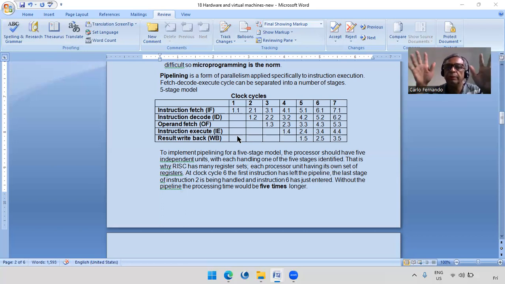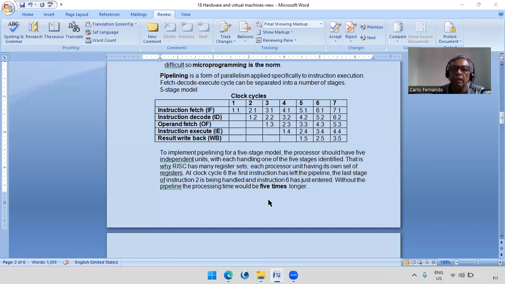According to that, all must play. So 1.1, 1.2, 1.3, 1.4, 1.5 done. Then the second instruction 2.1 will enter here. When the last stage is done, it goes off, the pipe becomes free and then 2.1 will enter here. So then we go on like that.